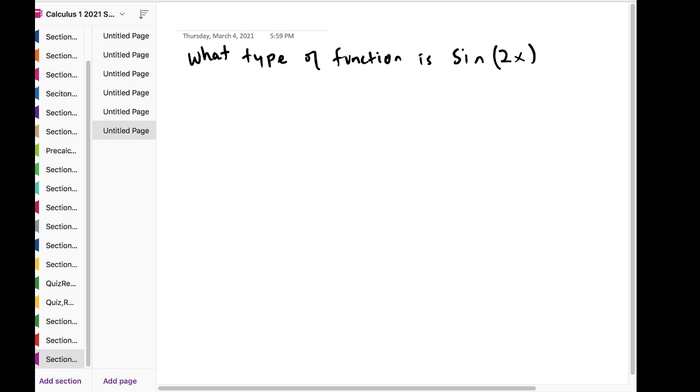What's the word for when you do one function and then you do another function? You do 2x first, and then you do sine. Composition, remember that word?